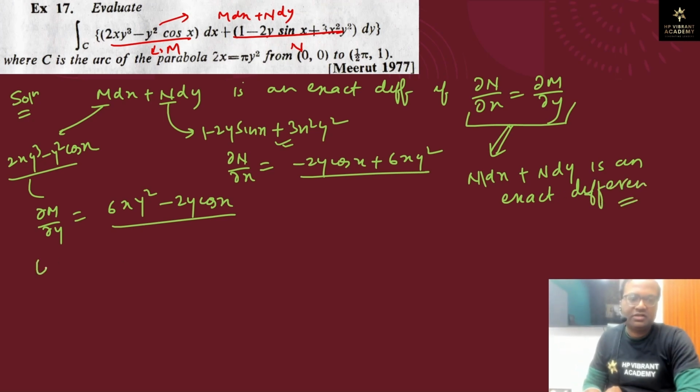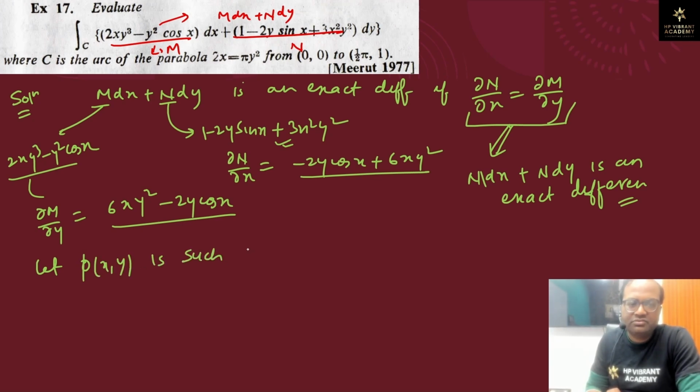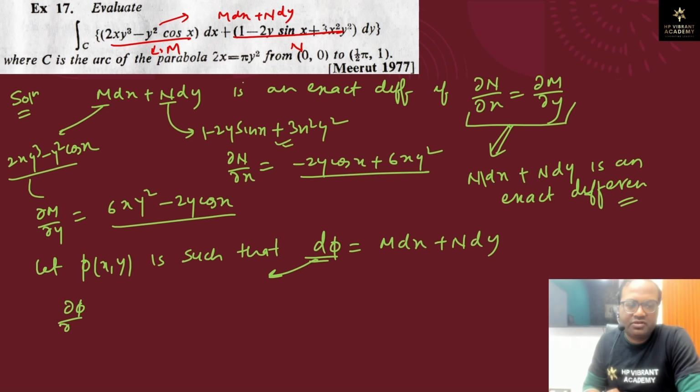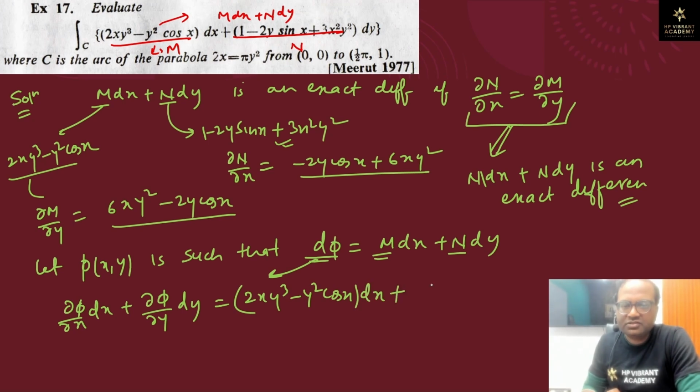Okay, so let phi x comma y be such that d phi is equal to M dx plus N dy. Total differentiation of phi we can represent as del phi upon del x, partial differentiation of phi with respect to x into dx, plus partial differentiation of phi with respect to y into dy, is equal to, let us place the value of M and N. So M is 2xy cube minus y square cos x into dx plus N dy.